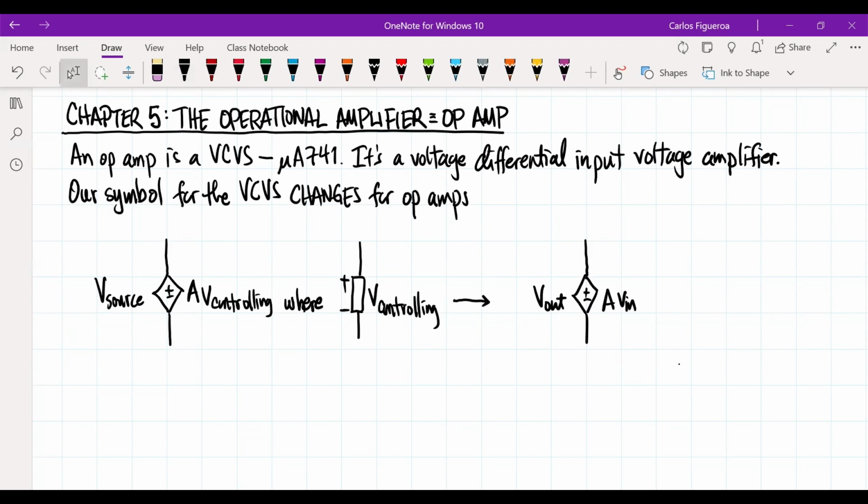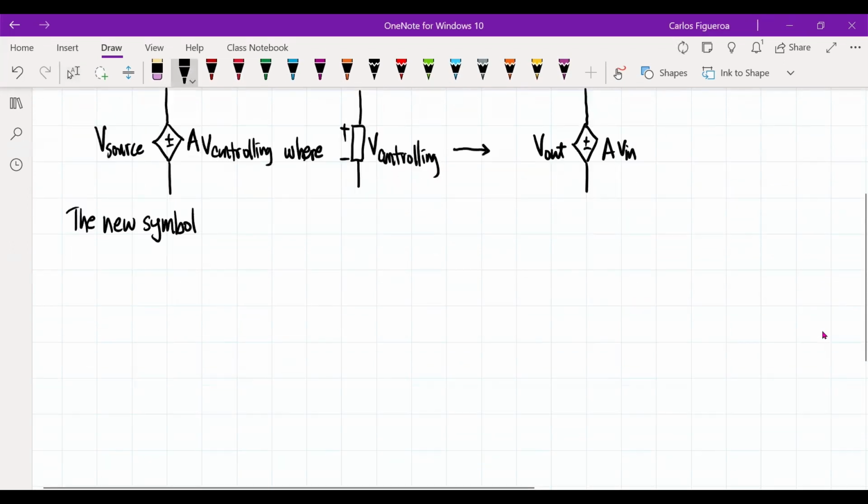So what does the new symbol look like? The new symbol for this op-amp now reads like this. We're going to have an input, and it takes on this triangular shape.